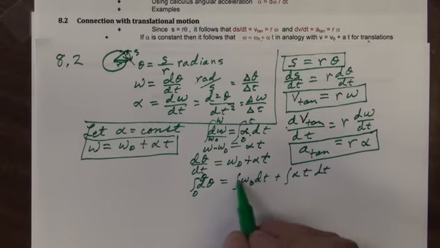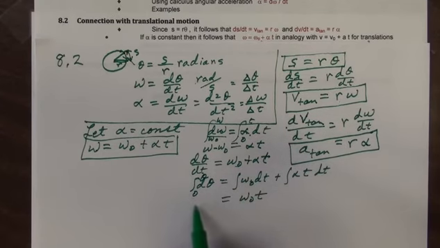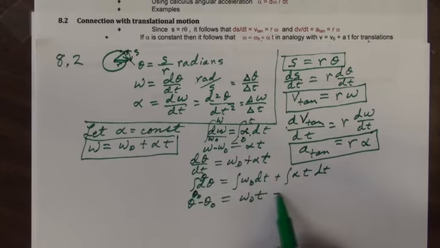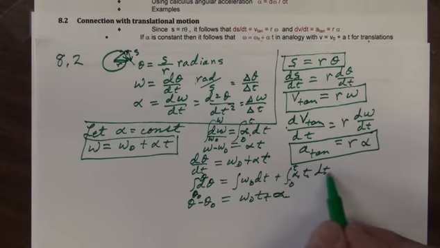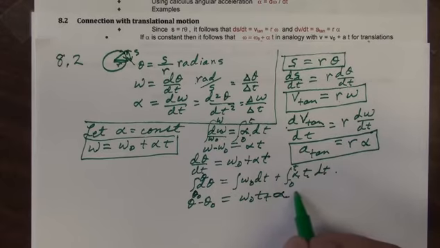Well, omega naught is a constant that comes outside, so this is omega naught times t. This is going to be theta minus theta naught, because I've got two limits there. And this integral is going to go again from 0 up to t. That's equal to alpha, which is this term here, times the integral of t dt, which, as you recall, is t squared over 2.